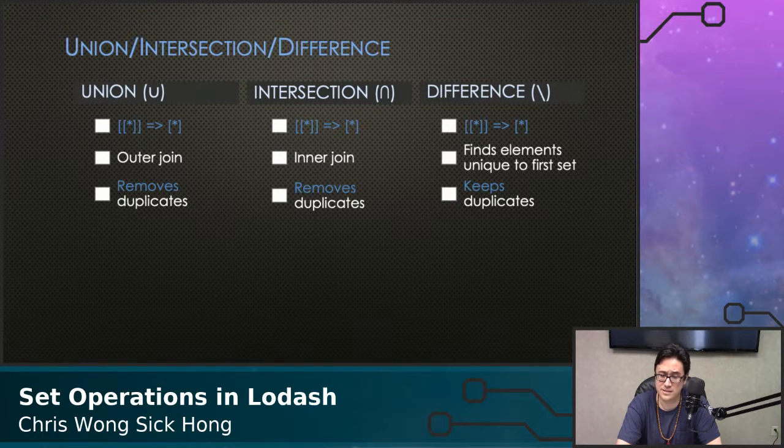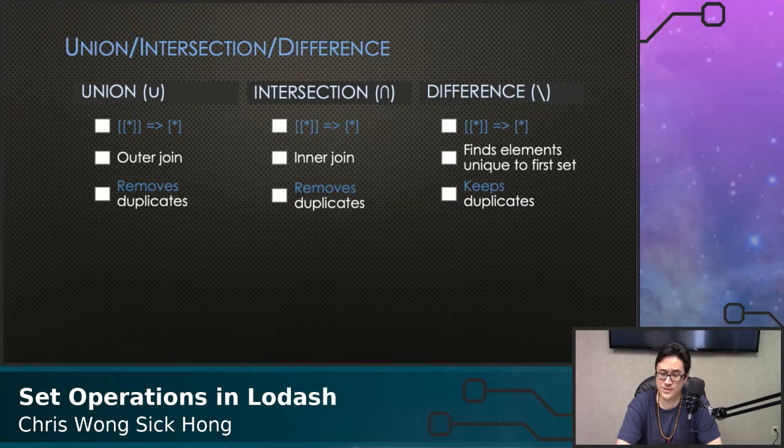The intersection has the same type of functionality, takes an array of arrays, returns a single array. It conceptually acts like an inner join on database tables. And it also removes duplicates, so closer to the mathematical definition of a set.